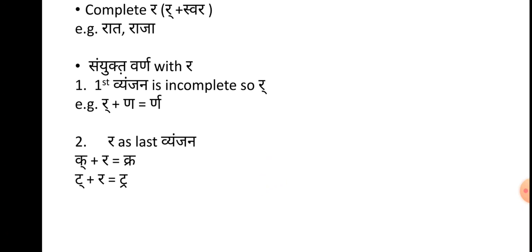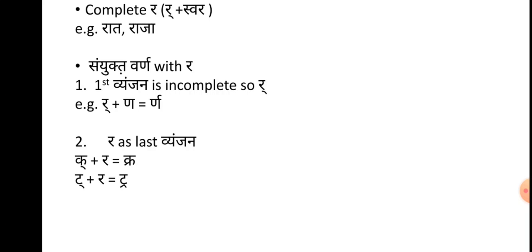Okay. So likewise for d, dr, drum. Right? So d also doesn't have a standing line, so how do we write dr? We add an arrowhead-like shape below the Vyanjan. Right?